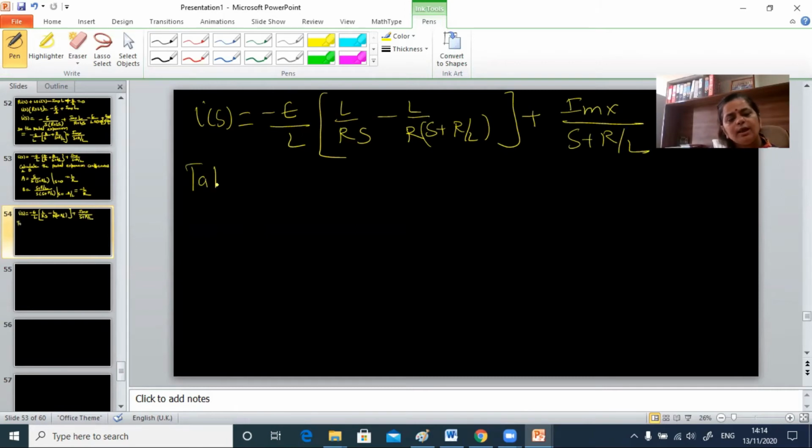Now take inverse Laplace. ठीक, ये L by R कॉमन आ जाएगा, तो ये कैंसिल हो जाएगा and R बाहर आ जाएगा. So finally, let me rewrite again.